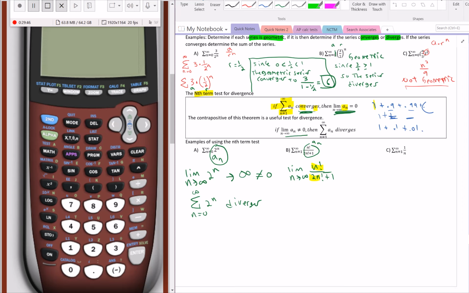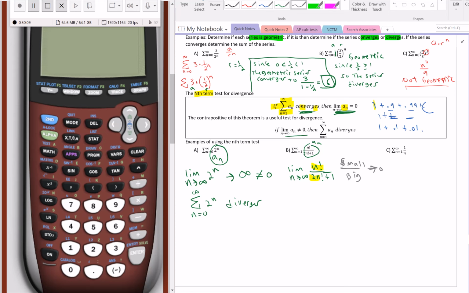So it's going to be something like small over big, which means this limit goes to 0, which means we don't know if it diverges.